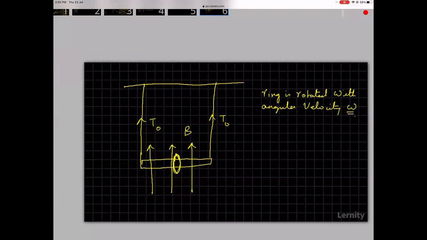Ring is rotated with an omega velocity. So time period is equal to 2 pi by omega. So frequency is equal to omega by 2 pi. So this is equivalent to a current I is equal to Q into omega by 2 pi. So this I is going in this direction. You're rotating it, so I is going in that direction.